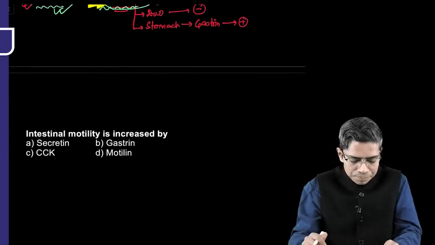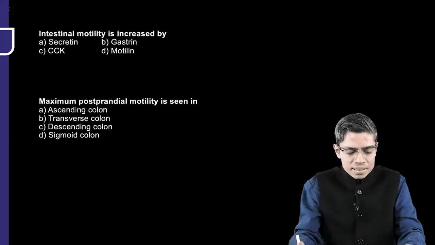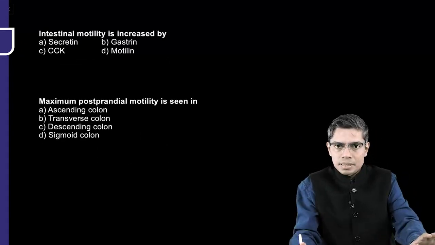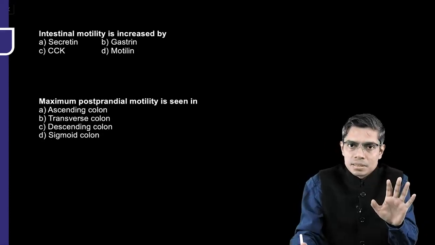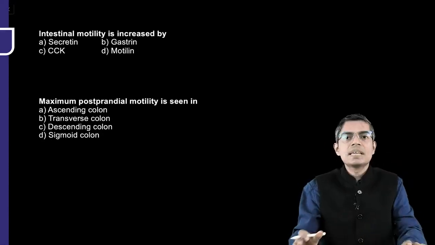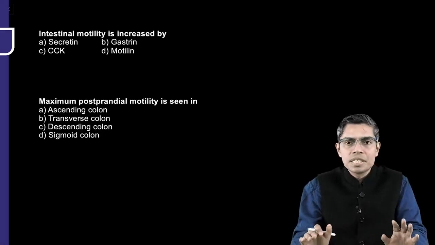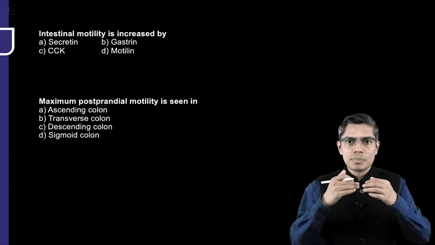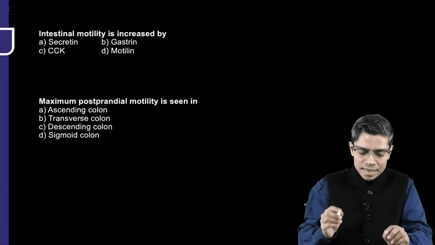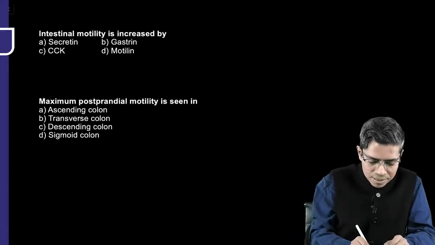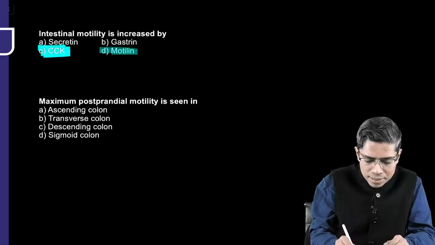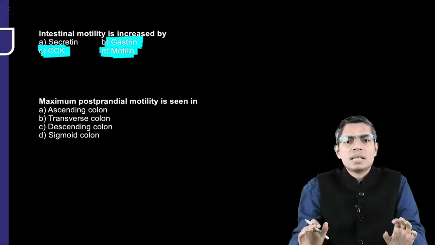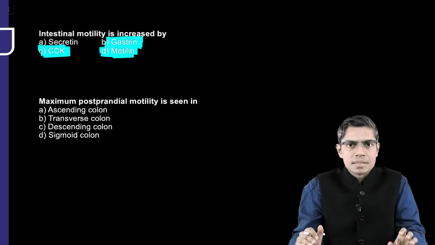Now next MCQ: intestinal motility is increased by. So here it is not the motility of the stomach, it is intestinal motility, which I have not discussed, because the details of intestinal motility you don't have to read. But remember 3 hormones which enhance motility of the intestine: number 1 CCK, motilin and gastrin. All these 3 hormones enhance the motility of the intestine.